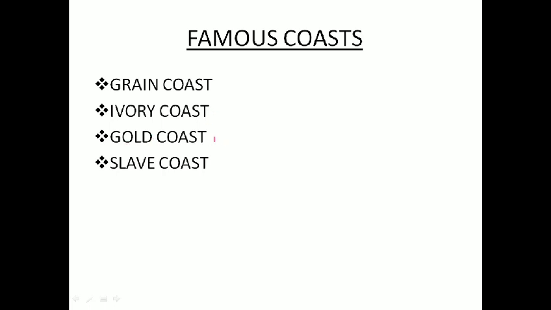Gold Coast, Ghana. Whereas Slave Coast, you find in Togo and Benin region. So Grain Coast, Ivory Coast, Gold Coast, Slave Coast. These are the most popular coasts in the western part of the Africa continent.